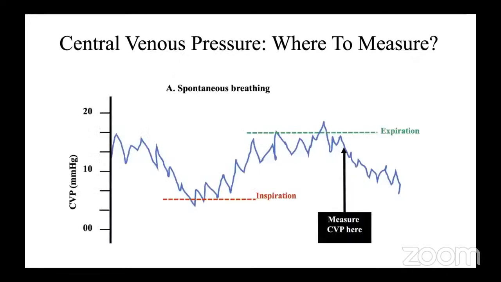of expiration. So if the patient is spontaneously breathing, the central venous pressure on the respiratory curve is going to be at a lower point during inspiration as compared to expiration, which is closer to zero, and therefore the pressure should be measured at the end of expiration.